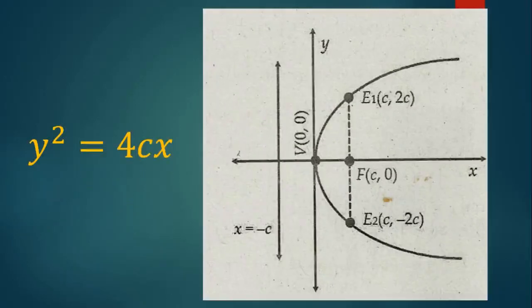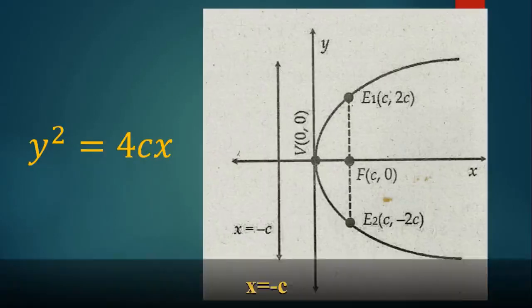Okay, so nabanggit ko kanina na kapag ang equation ng ating parabola ay y squared equals 4cx, the vertex is located at the origin, the curve opens to the right. Nakabuka siya sa kanan. And then the equation of the directrix is x equals negative c. And the location of the focus is at (c, 0).